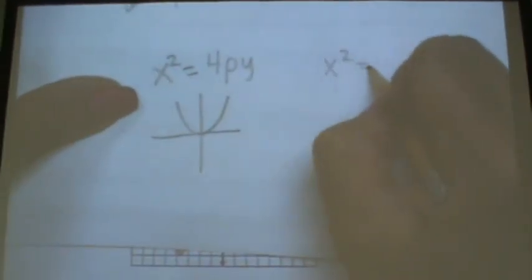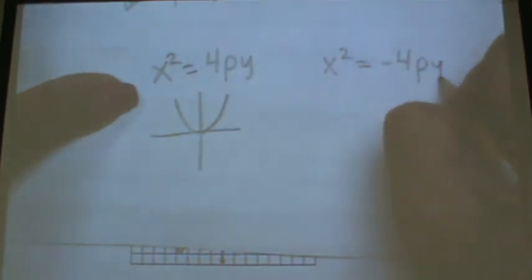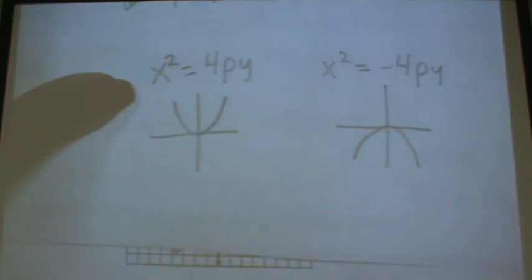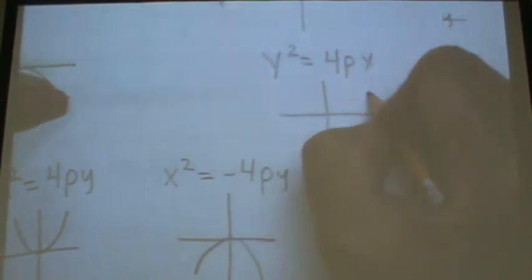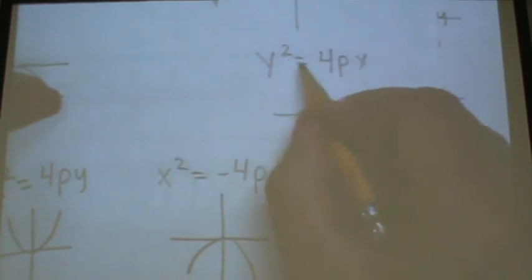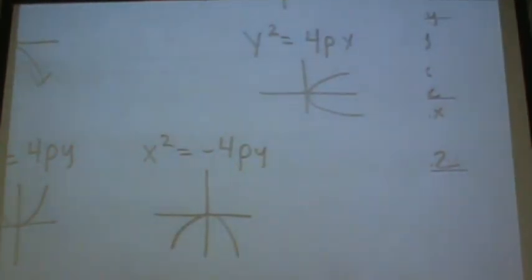If it's x squared equals -4py, it looks like this. If it's y squared equals 4px, it's on its side, like that. If it were y squared equals -4px, it'd be going this way. You get it? Okay, that's it.